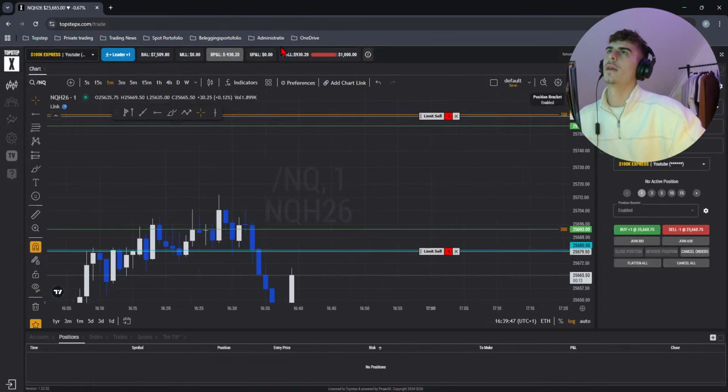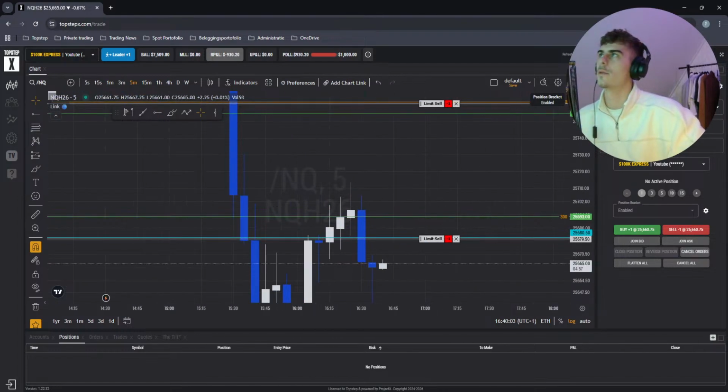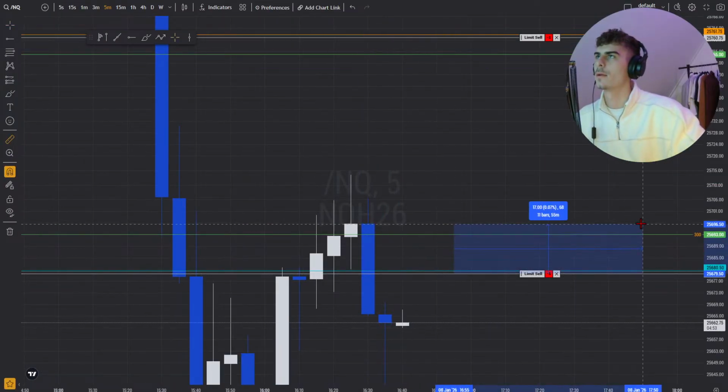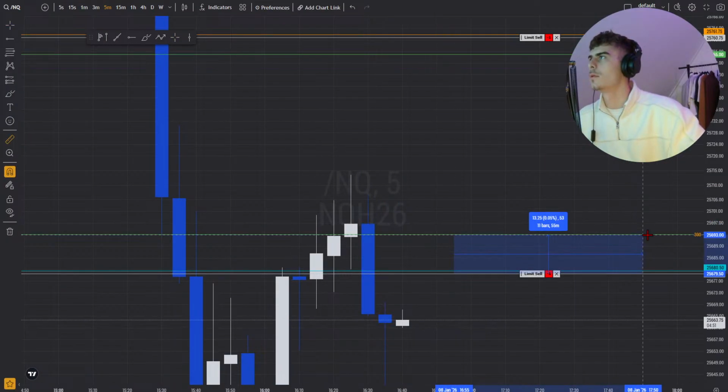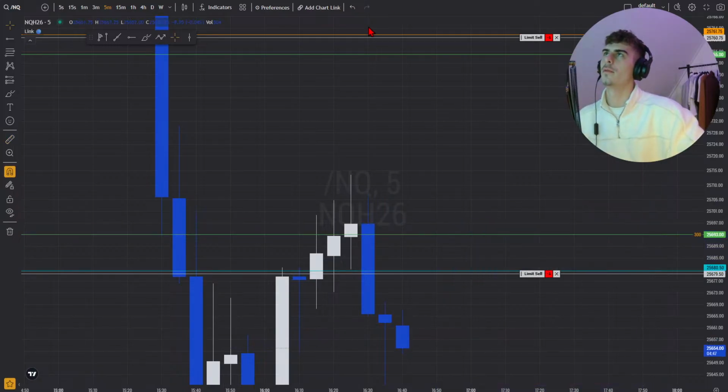I think we're almost at daily loss. I need room though for this trade, because this needs to be accurate, otherwise we're gonna have a problem. $350.